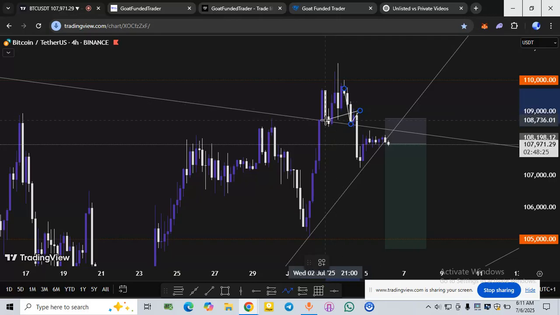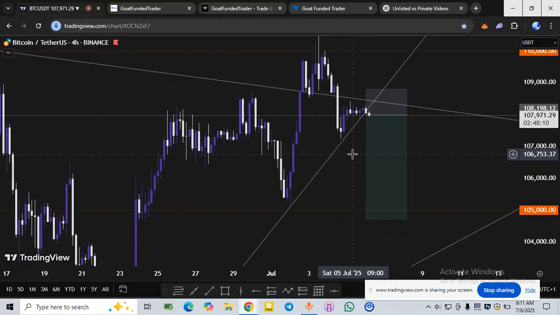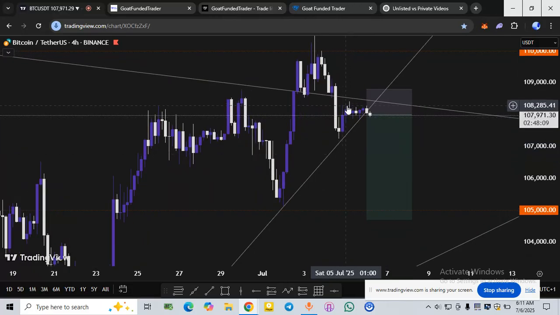So this was actually a valid demand zone, but this took us out on stop loss. Now waited for price to retrace down into this level, into this trend line. And when price came down to this trend line, we took a buy, and just a few minutes ago we closed that buy in small profit.